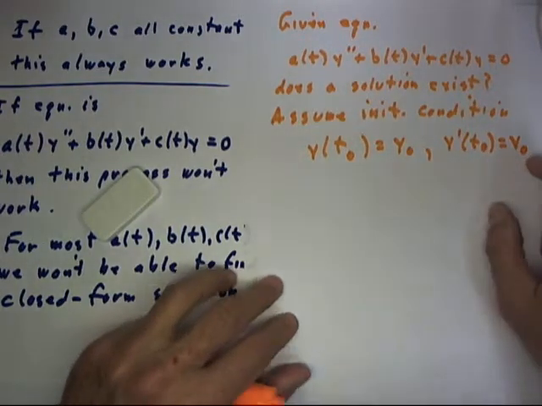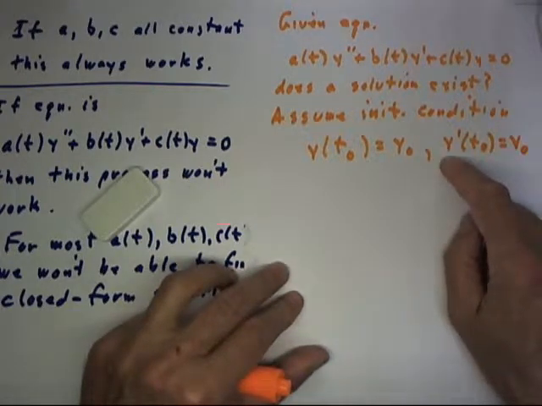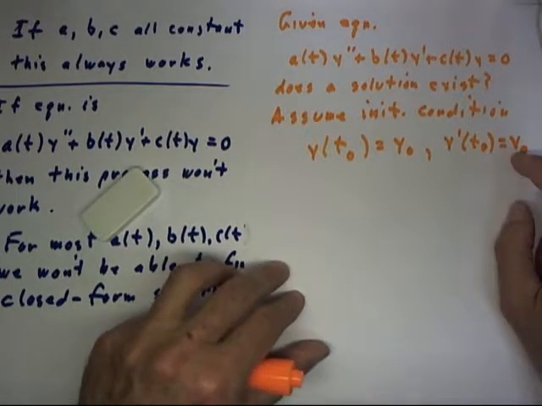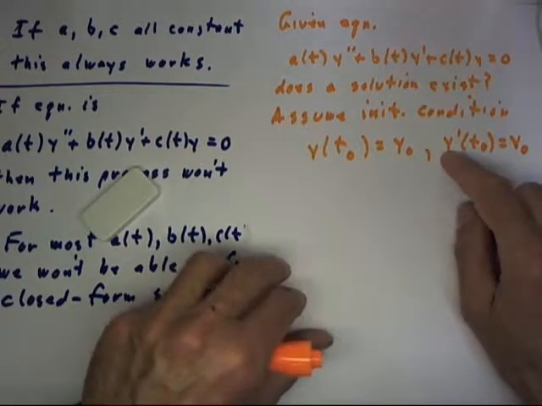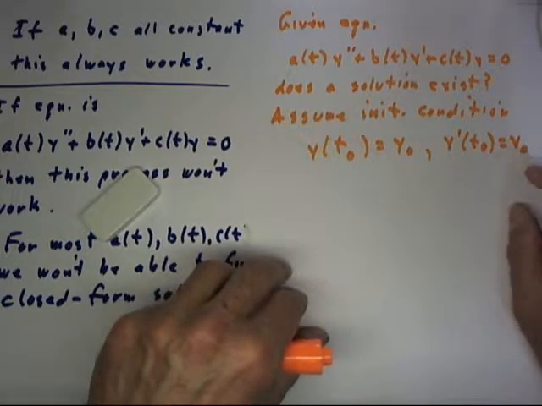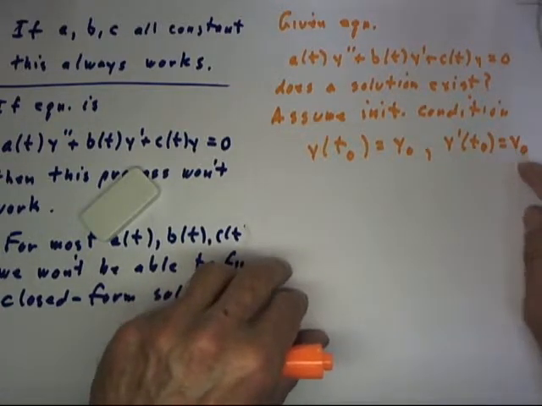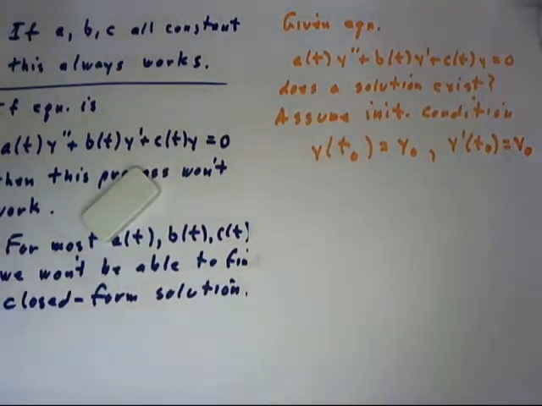I chose v because if y happens to be a position function, then its derivative is a velocity function. But this notation can apply whether or not y is a position function. Y could be any type of function. We could still call the initial value of its derivative v naught if we so choose, and we've chosen to do that here.